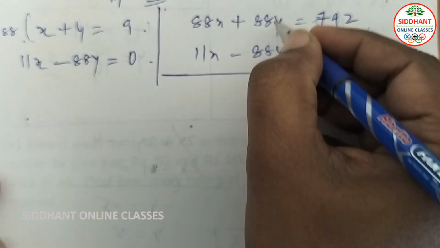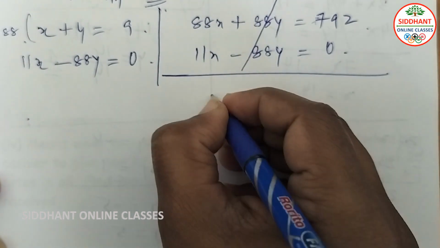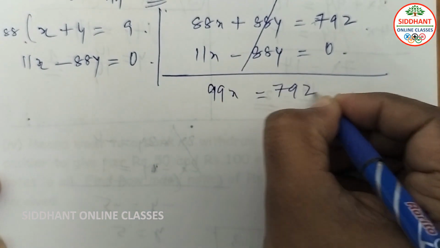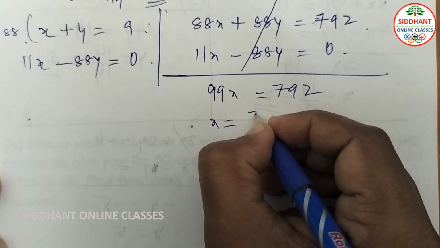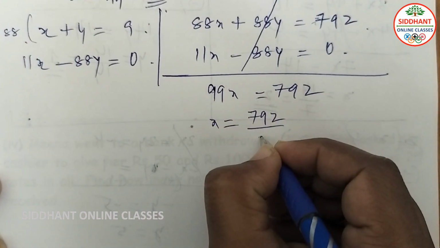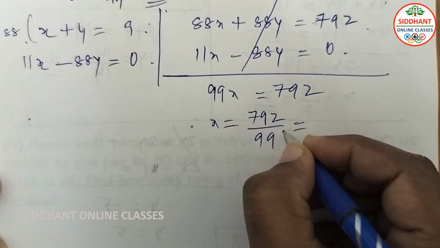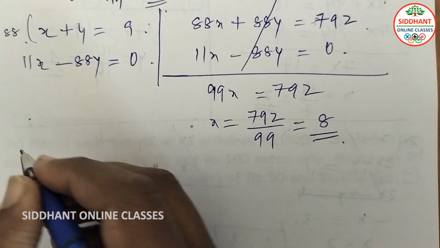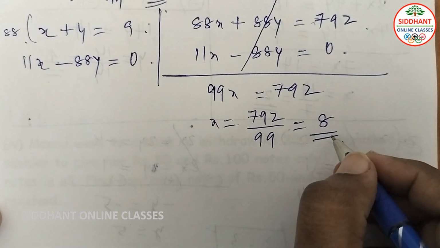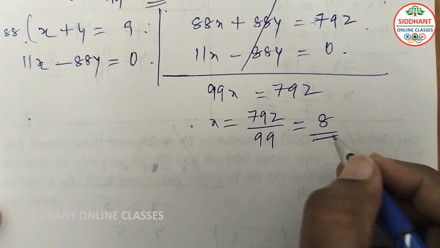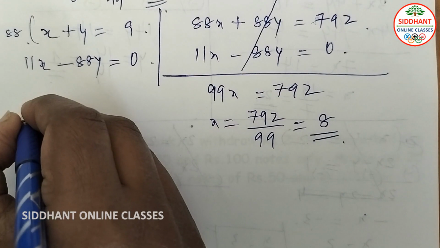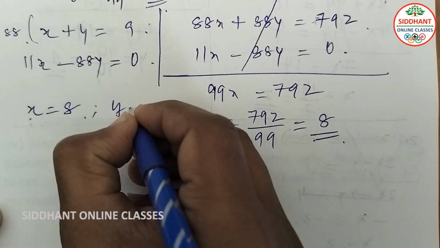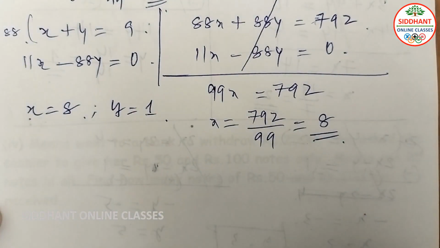Now y cancels here. 88 plus 11 we get 99x, that equals 792. Now x equals 792 by 99, so that equals 8. So here we get a y value 1 and an x value 8.